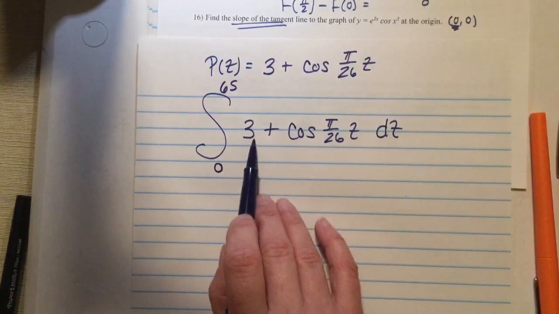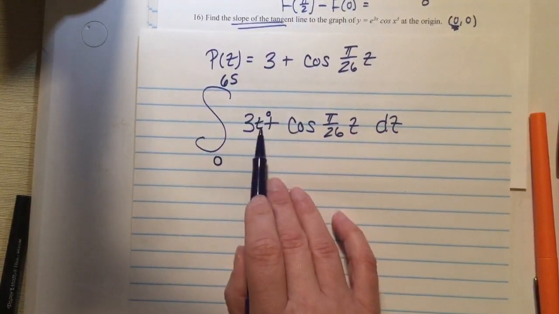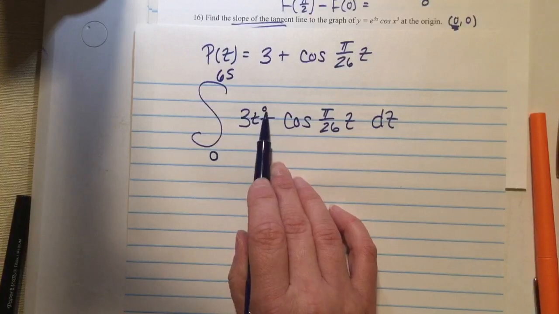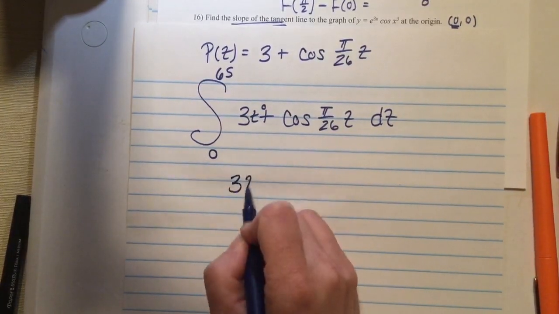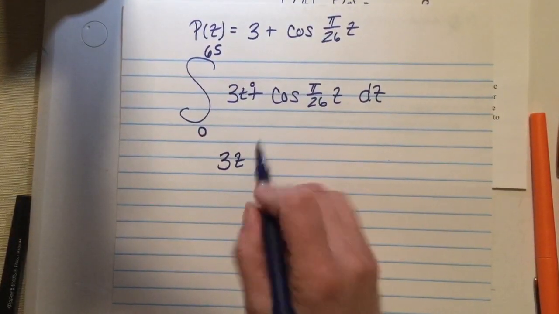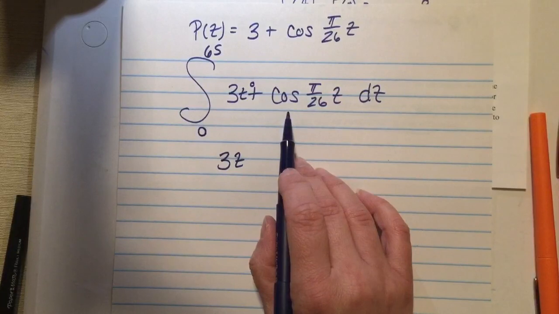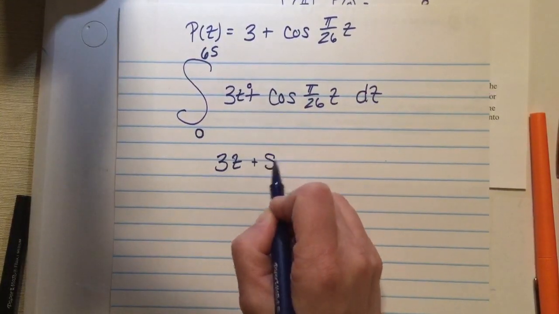Now if I'm doing an antiderivative, this 3 doesn't have a variable. It has like t to the power of 0. If I add 1, it's a 1. Divide the 3 by 1, and I would just have 3t. If you find the antiderivative of a cosine, that is a sine.